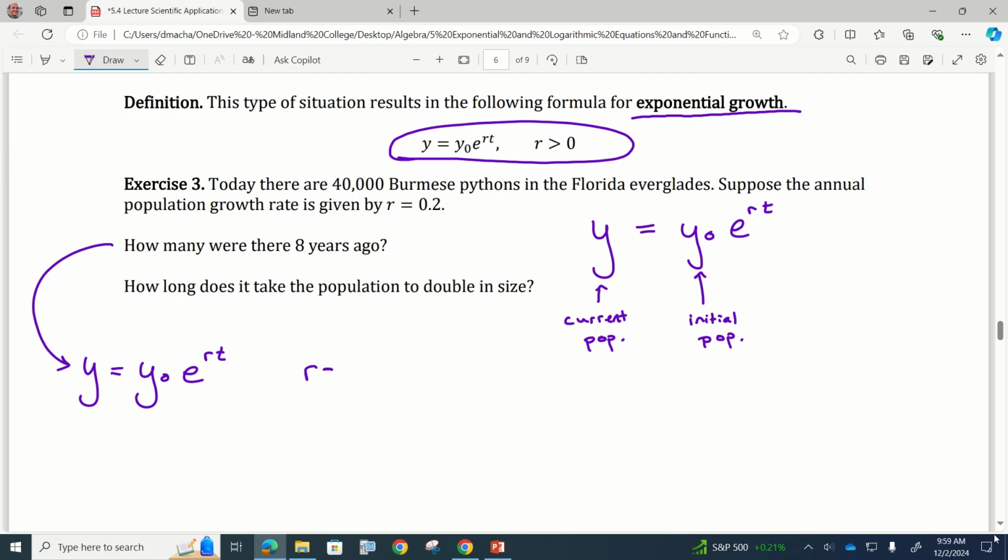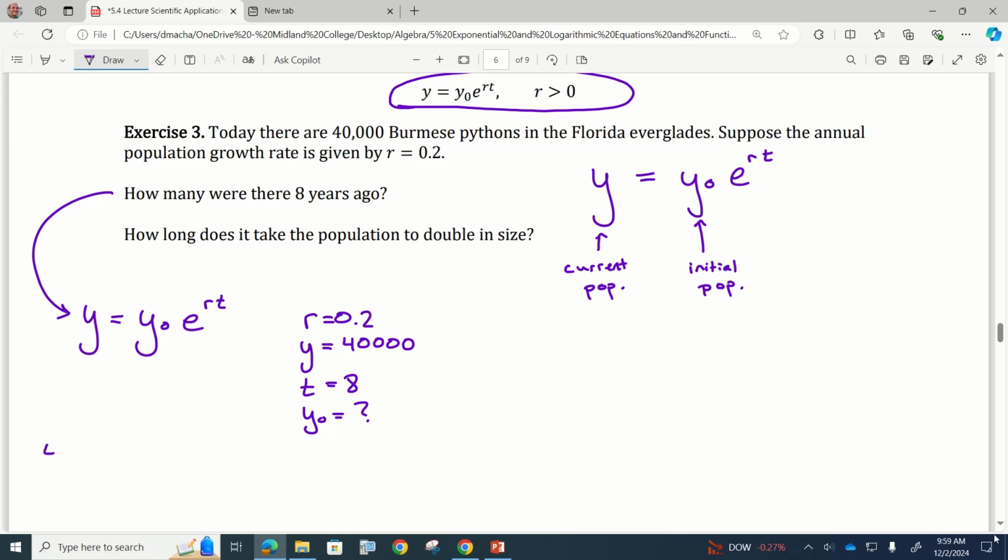So we know from my problem that the growth rate is 0.2. We know that the current population is 40,000. We know 8 years have passed, and we're trying to find what was the initial population.